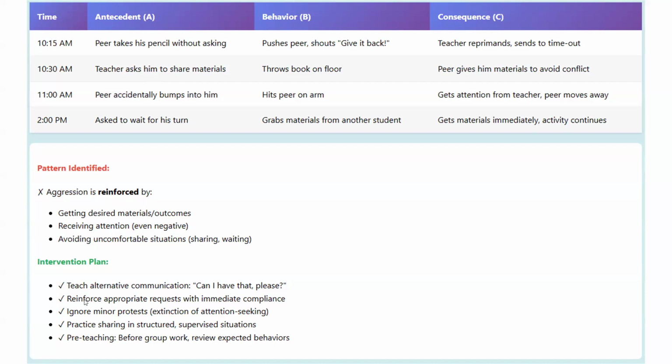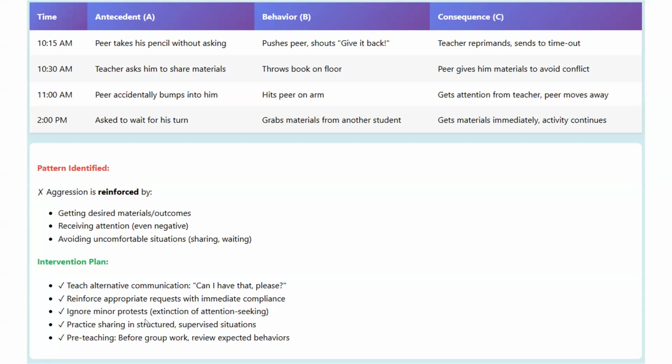Intervention plan: what can the teacher do? Teach alternative communication, such as, can I have that, please? That's the alternative. Reinforce appropriate requests with immediate compliance.